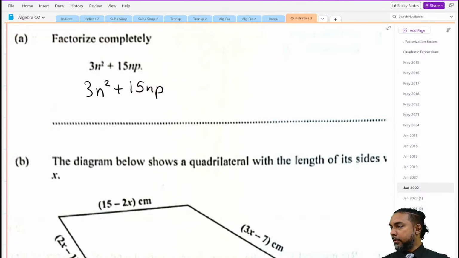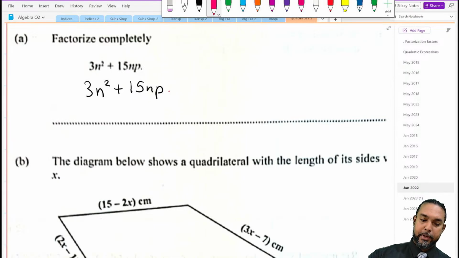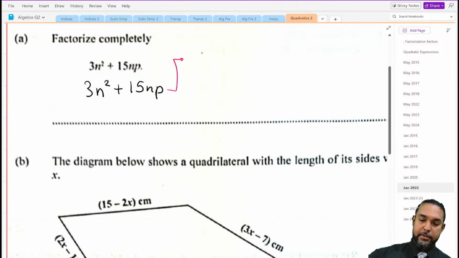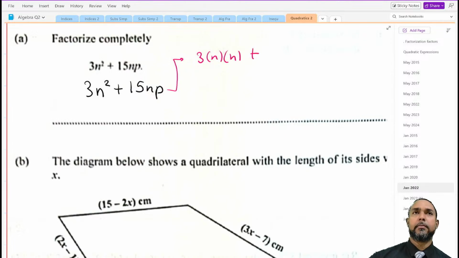Right, 3n plus 5 and plus. Yeah, that's correct. Right, okay, so 3n squared is 3 multiplied by n multiplied by n, right? Now 15. Now seeing as 3 is the number in the first term, what about 15?